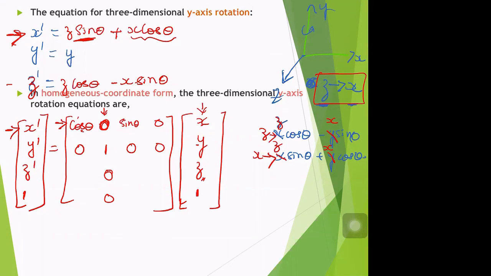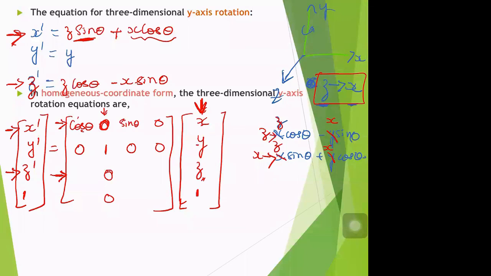Now I need to check z dash, whose equation multiplies this row with this column, right? My third row with the column of x, y, z, 1.